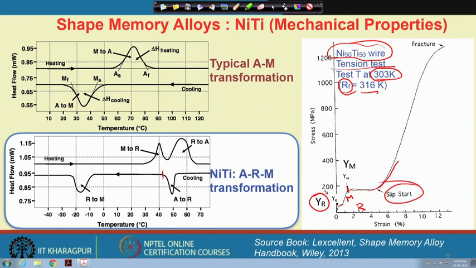Till now it was only twin-based deformation in the martensite, but now I have started incorporating some dislocations. Therefore, think about during the shaping operation too: if too many dislocations are present in the alloy, we must get rid of those dislocations, so that this austenite-martensite reversible transformation is not retarded in any way.